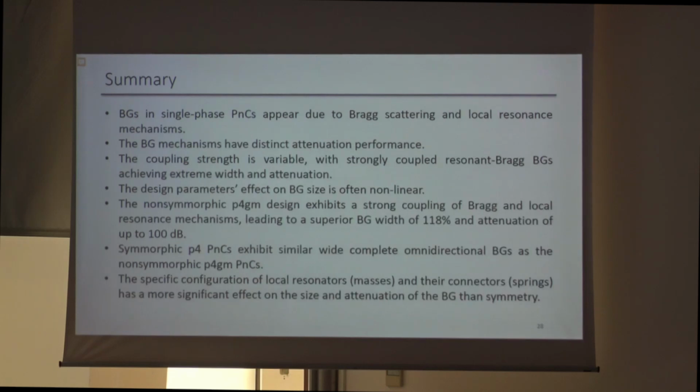So to sum up, I hope I proved to you that the band gaps in single-phase phononic crystals appear due to the Bragg scattering and local resonance mechanism, or their combination. And if we want to achieve higher attenuation and larger band gaps, we must couple them. And the local resonance band gap always beats the Bragg gaps.